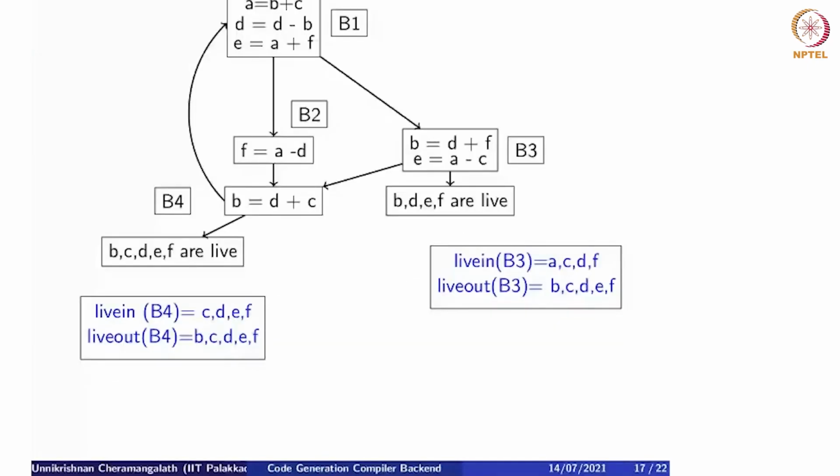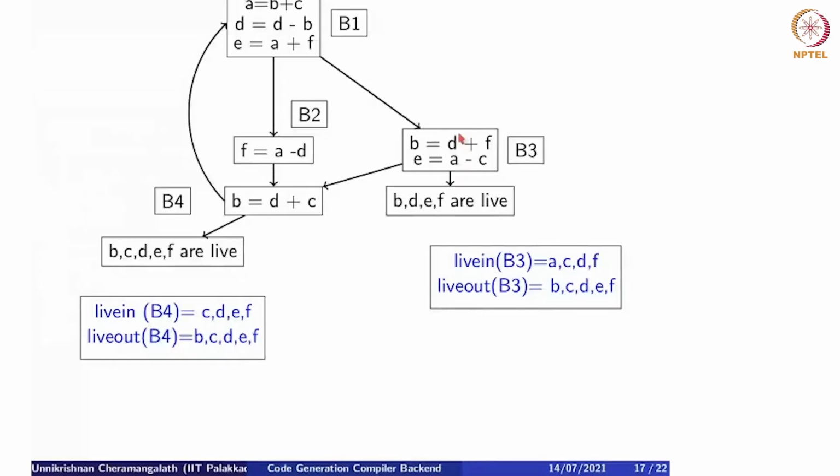Why is B removed? Because the value of B is defined in this statement, so the value coming from the predecessor of B4 will be modified and will not be used here. Here B and E are removed, so it comes here.